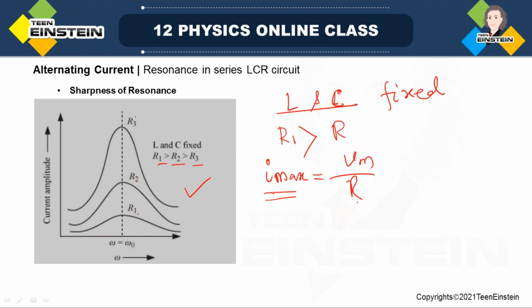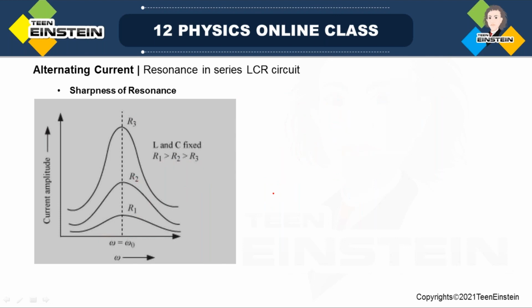This sharpness of resonance can be defined by a mathematical formula, that is omega naught by 2 delta omega.